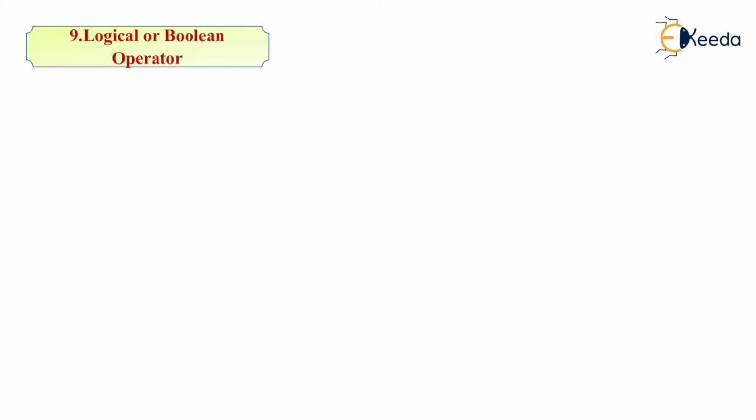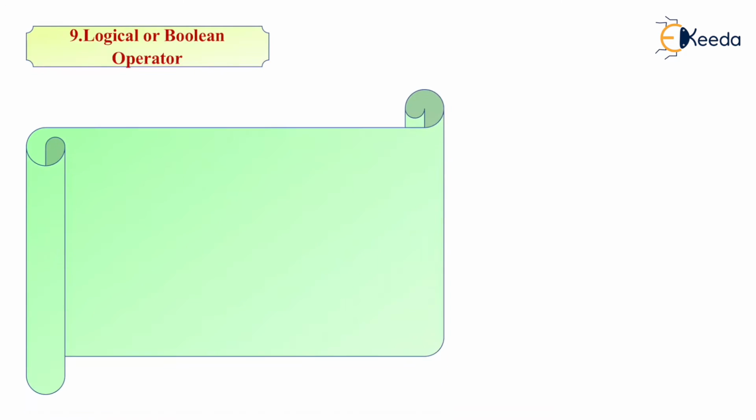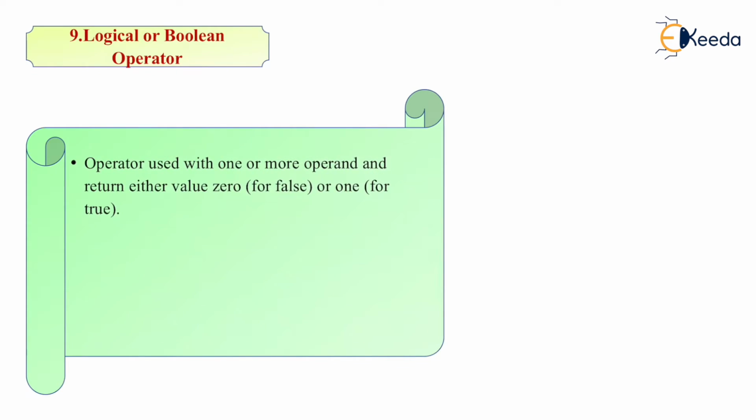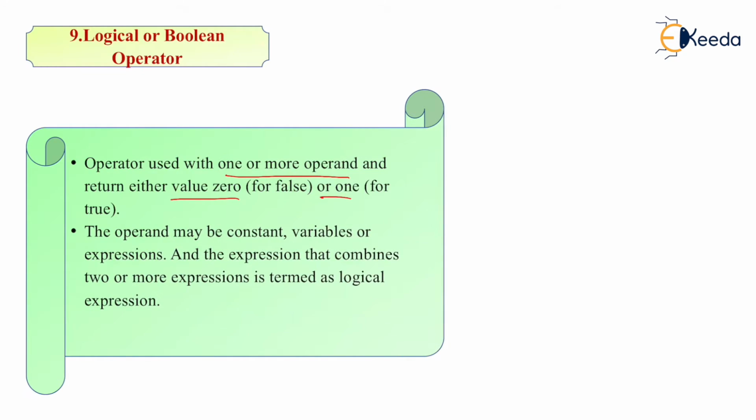Next is the ninth and last operator, that is the logical or boolean operator. The operator is used with one or more operands and returns either the value 0 or 1. The operand may be a constant, variable or expression, and an expression that combines two or more expressions is termed a logical expression.